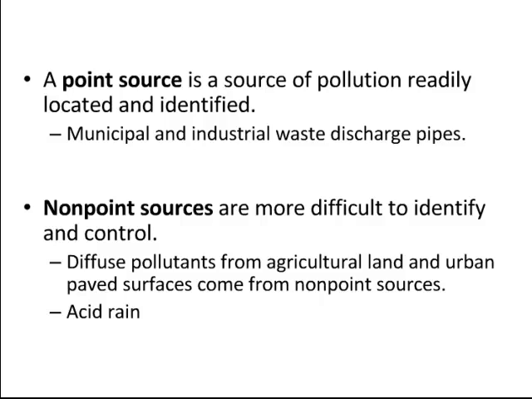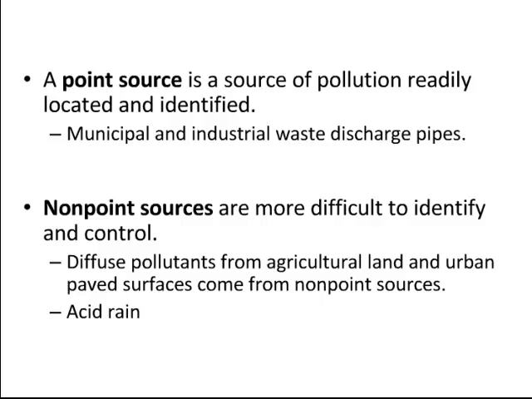Non-point source pollution comes from wide areas, comes not from a single farm but from an entire hillside, comes not from a single factory but just appears to be in the air. So non-point source pollution is very difficult to deal with.